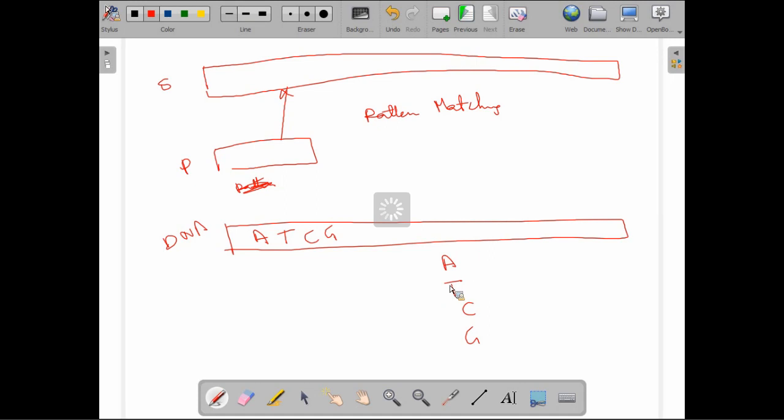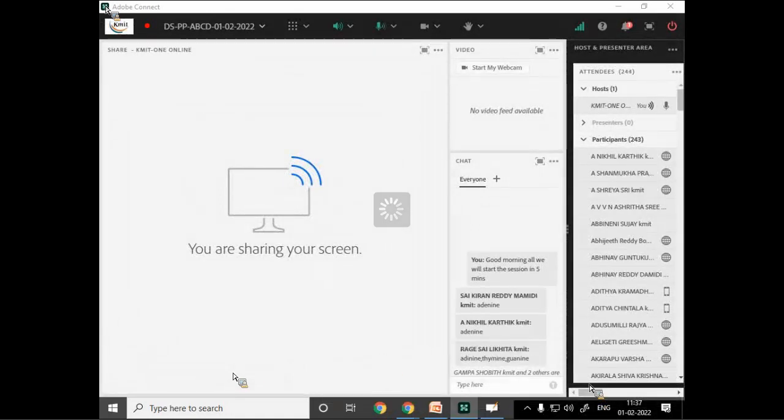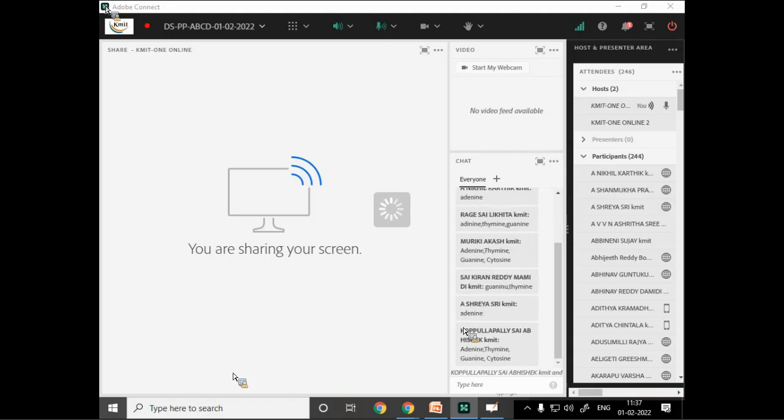I'm just asking out of curiosity, what is A? Adenine, correct. What is T? Good. So it is adenine, thymine, guanine, and cytosine. These are the bases which make up the chain and which are used for creating our DNA.